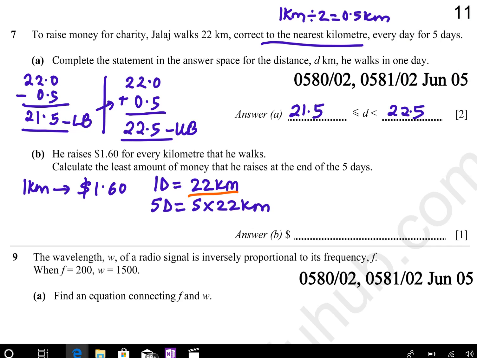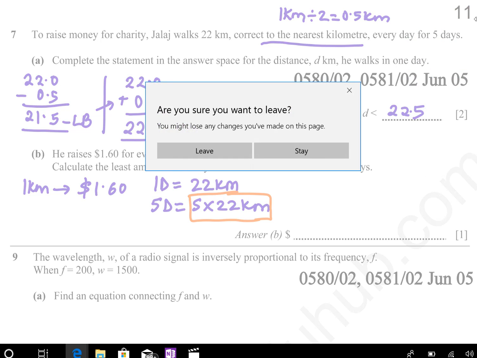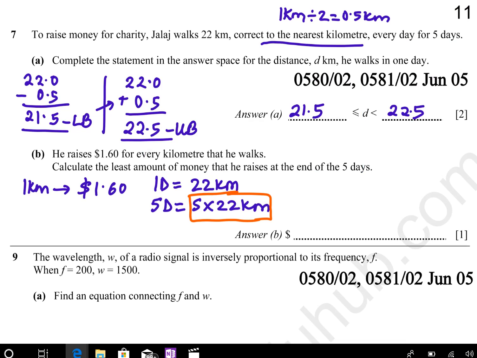This is what is important. In total he walked 5 into 22 kilometers. Now if 1 kilometer is $1.60, then 5 into 22 kilometers will help him to raise X dollars.